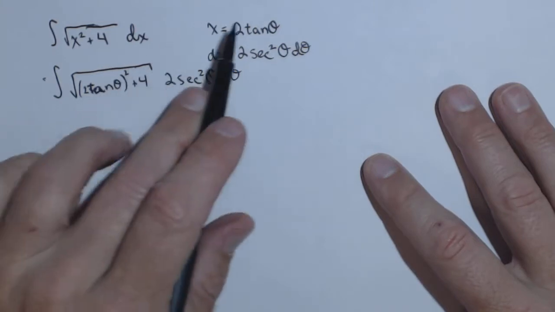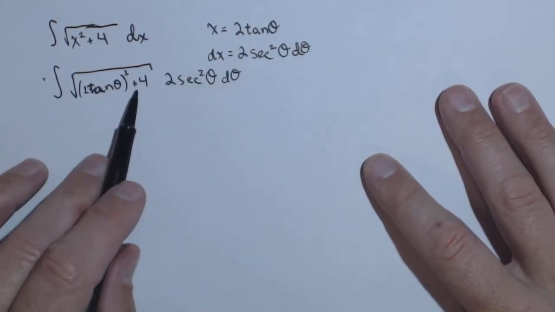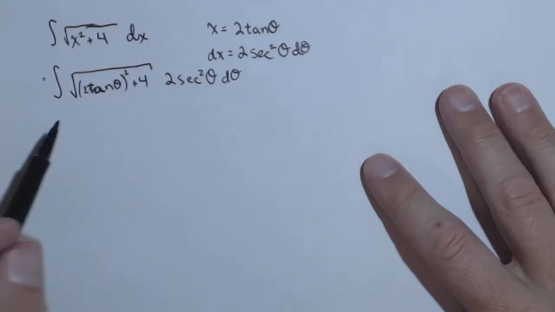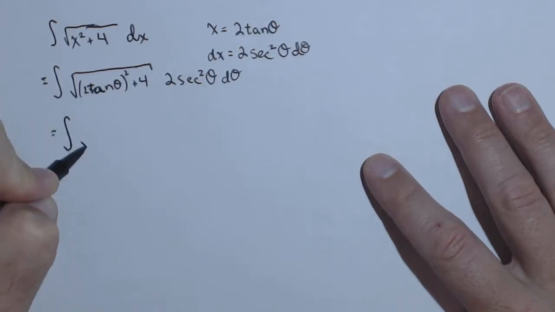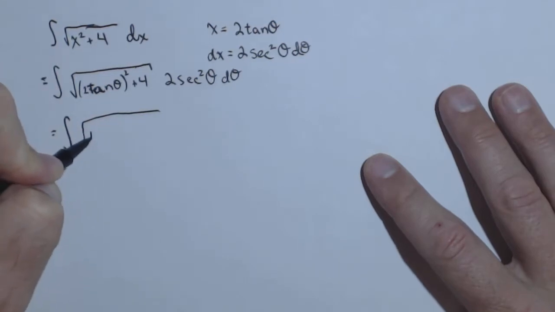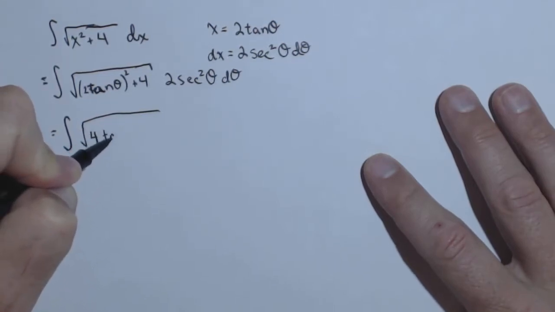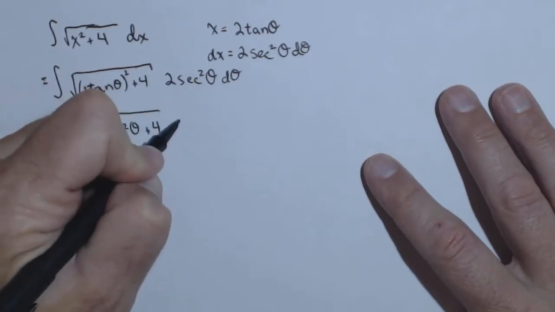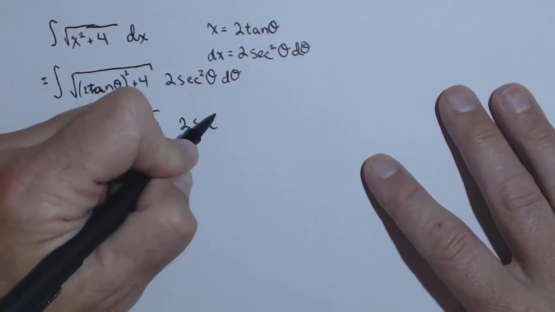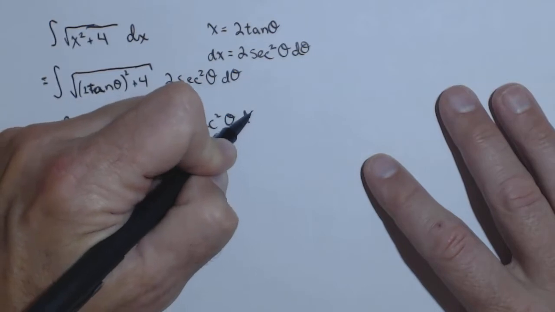Now the reason we had chosen tangent as the trig function for the substitution is because of the plus, because it's going to work out really nice with our Pythagorean identities. And under here we end up with 4 tangent squared theta plus 4, and out here we just have the 2 secant squared theta d theta.